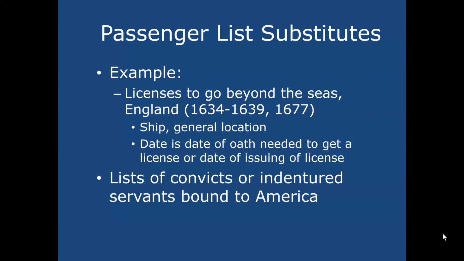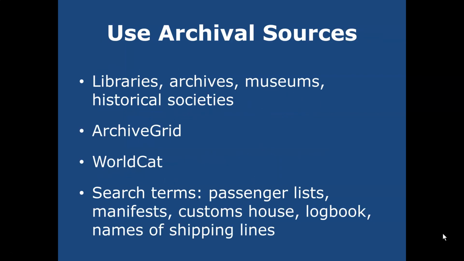Other types of examples where you might see early passenger data are lists of convicts or indentured servants bound to America. Libraries, archives, museums, and historical societies may hold any early surviving passenger lists before the U.S. government required them.